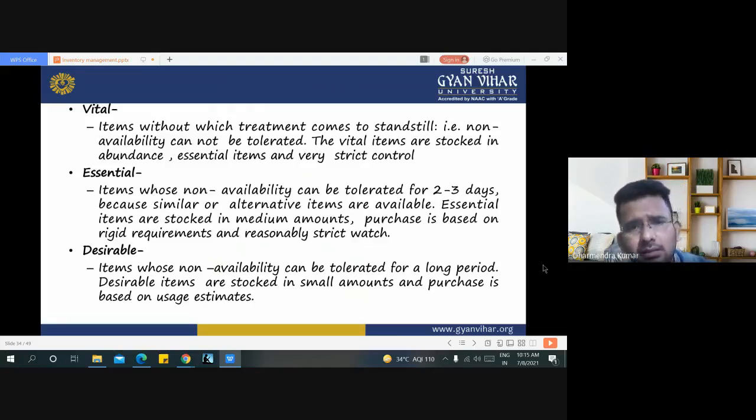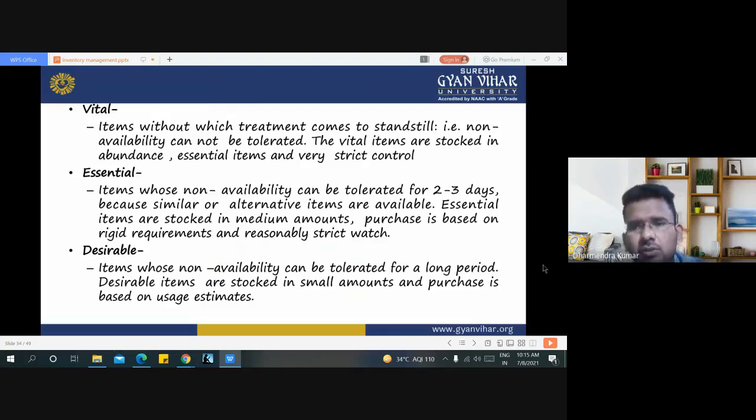And in the essential type of inventory control, if an item is not available from the essential category, then the production rate is not affected for 2 or 3 days. If we come to the desirable category, then the production rate is not affected for a long time, like 7 days, 15 days or 30 days.